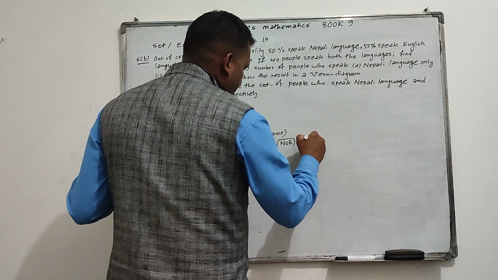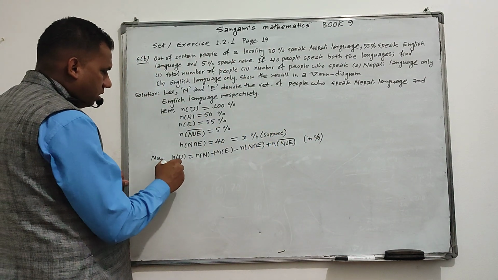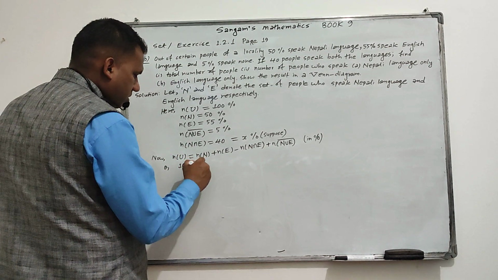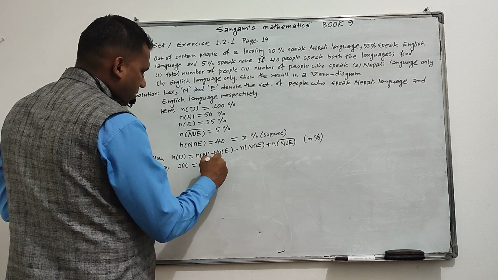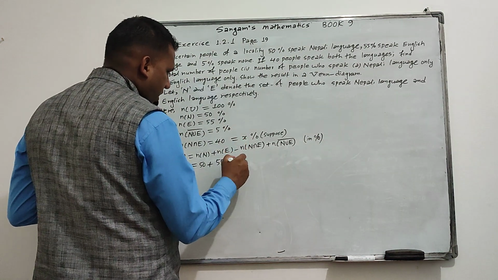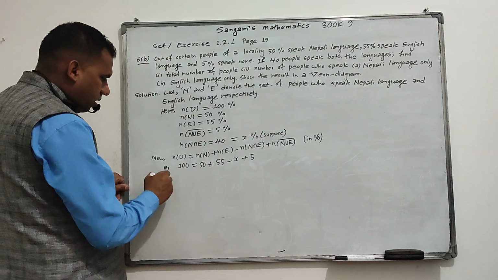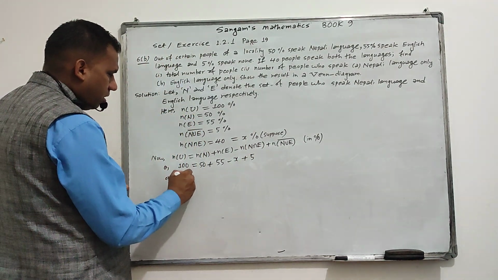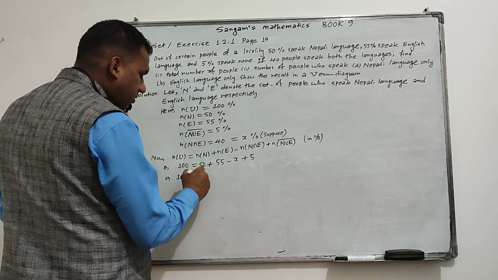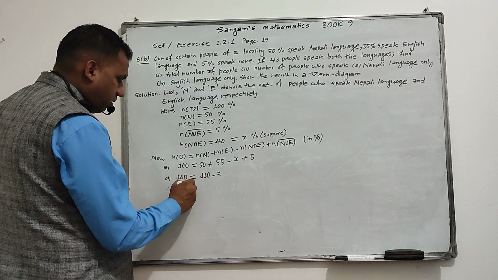All data in percentage, so 100 equals 50 plus 55 minus X plus 5, or 100 equals 110 minus X, so X equals 10%.